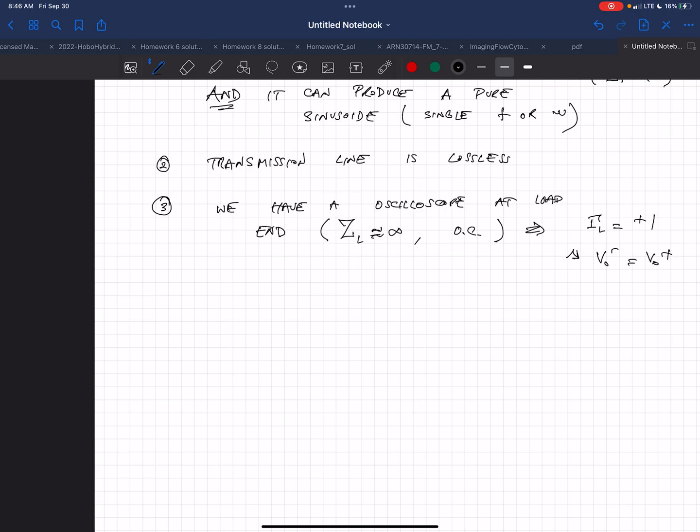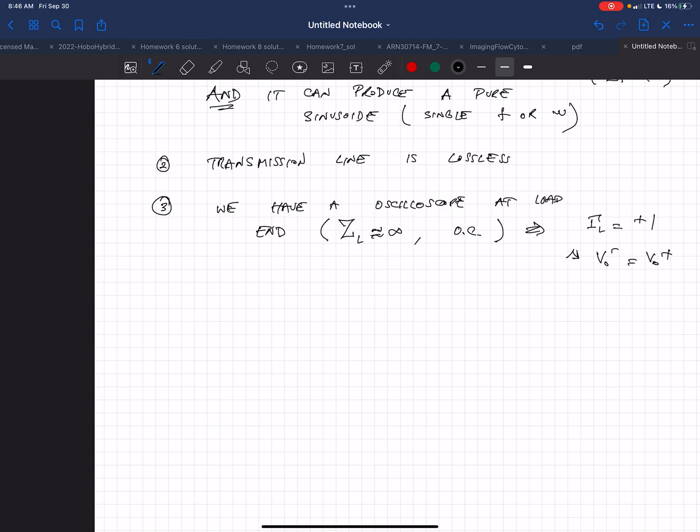So this is the voltage you would see on a lossless transmission line with an open circuit load, and it includes both the forward-going and reverse-going waves. That's why we end up with 2V0 plus cos beta z. We assumed the input, V0 plus, was V0 plus cos beta z.